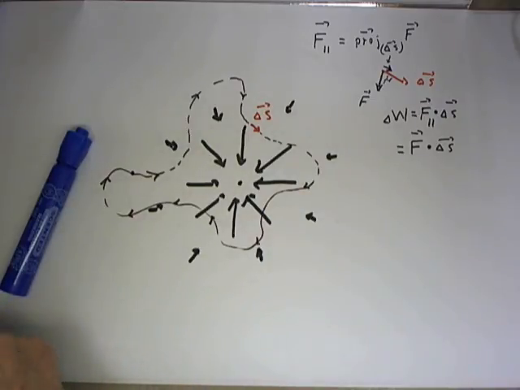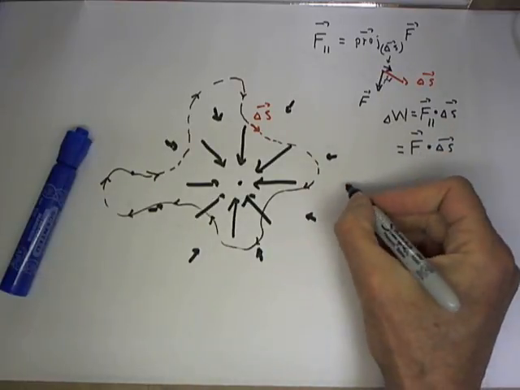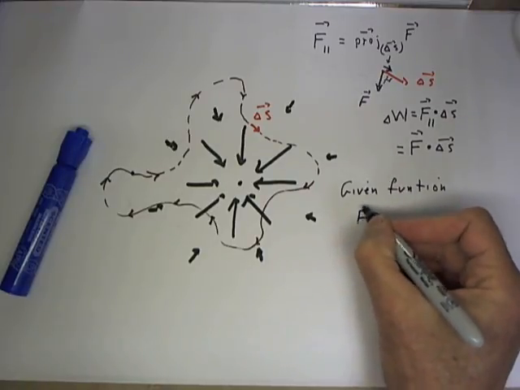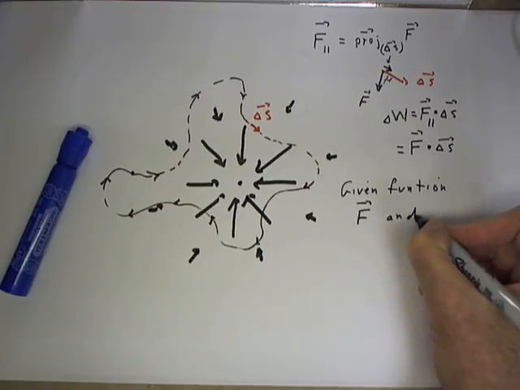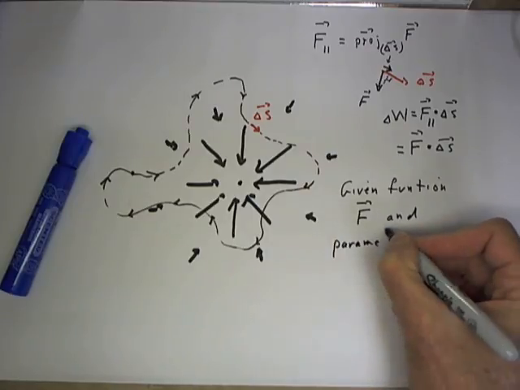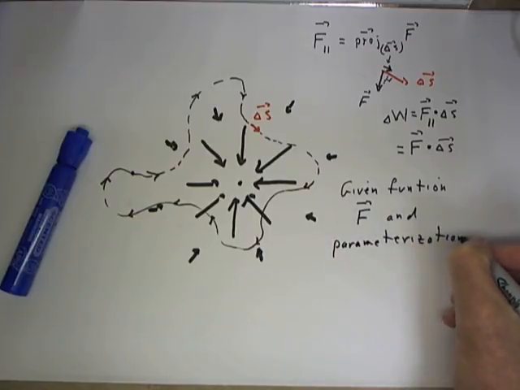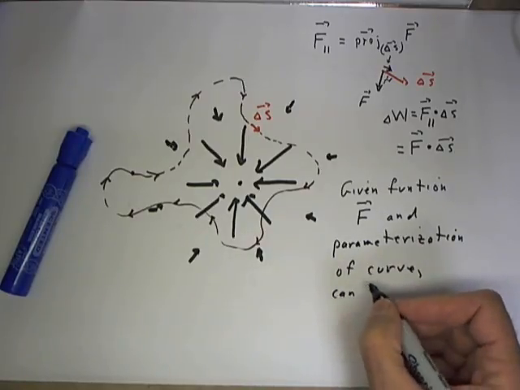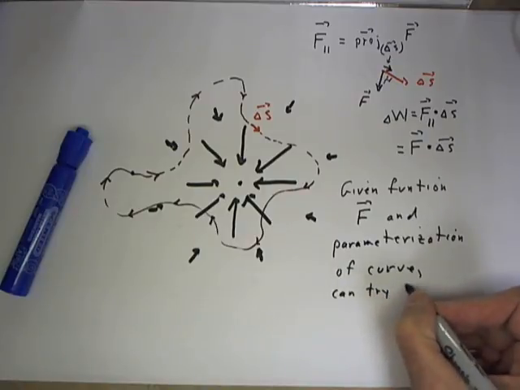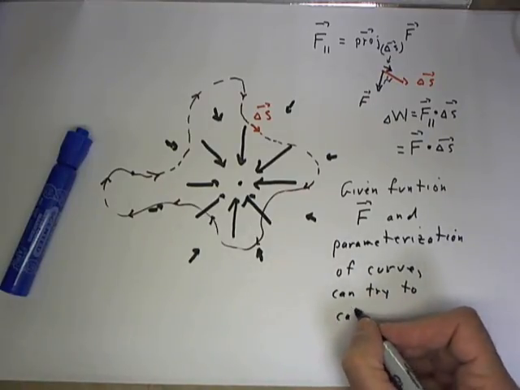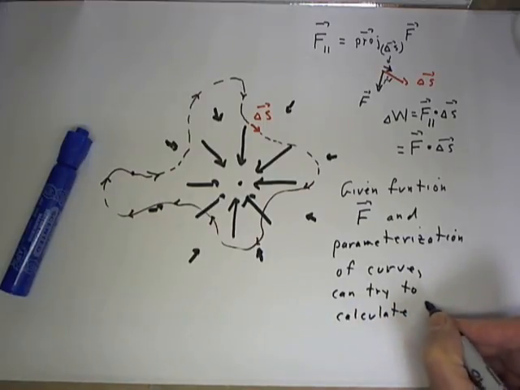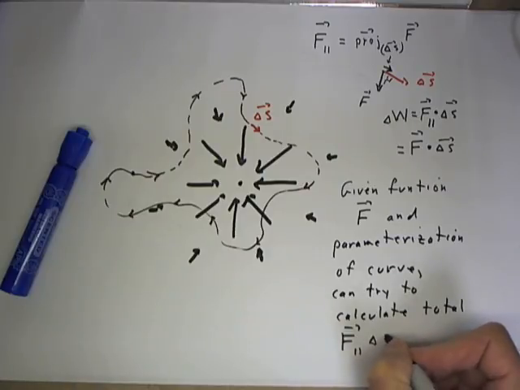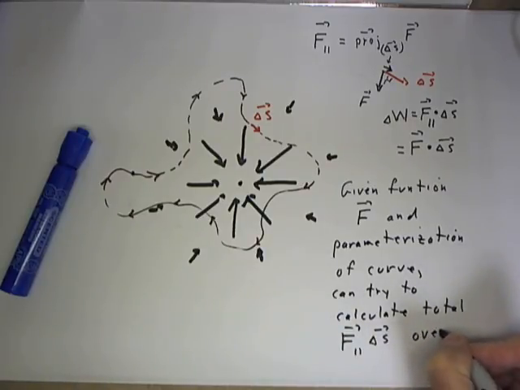But if we have an expression, given a function f and maybe a parameterization of the curve, we can find, or at least we can try to calculate, the total F parallel delta S over the entire curve.